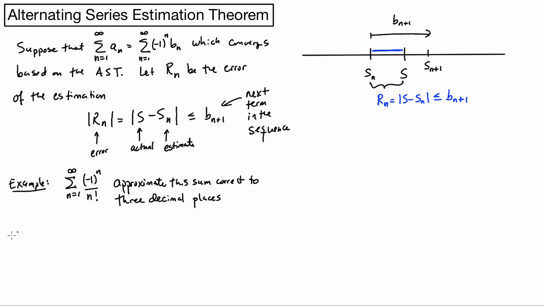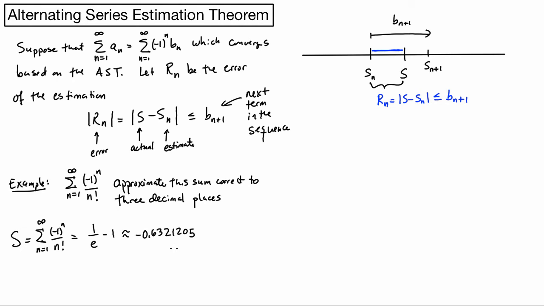Now, I will tell you before we get started that this is a sum which by the end of the semester, you'll actually have a different way of figuring out its actual sum value. But for today, the actual value of this sum is a pretty nice value. It turns out to be 1 over e minus 1, which is approximately negative 0.632120.